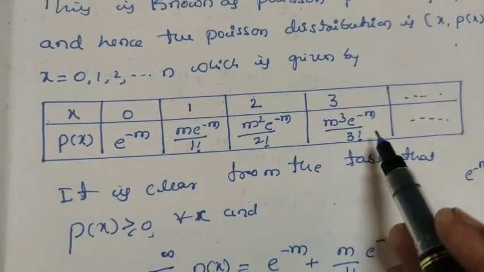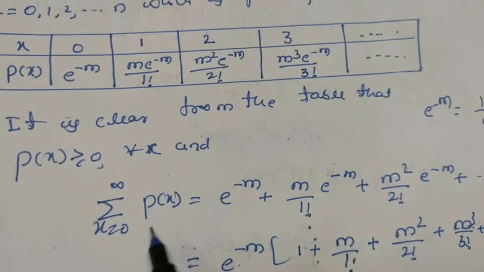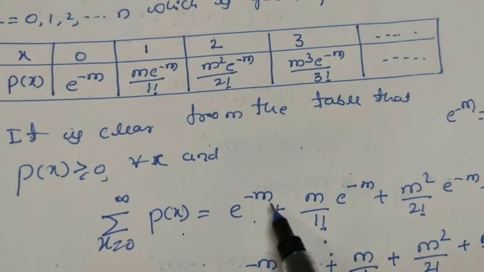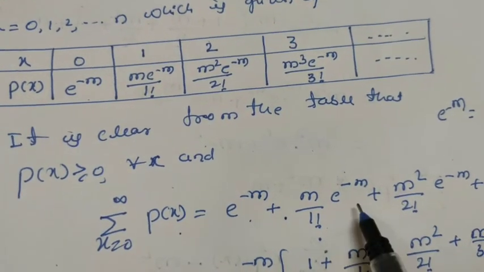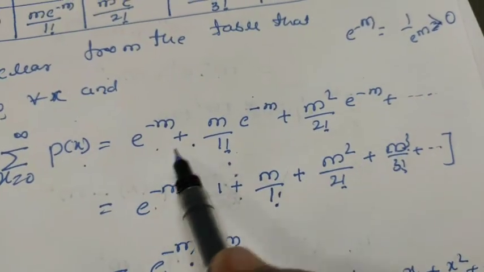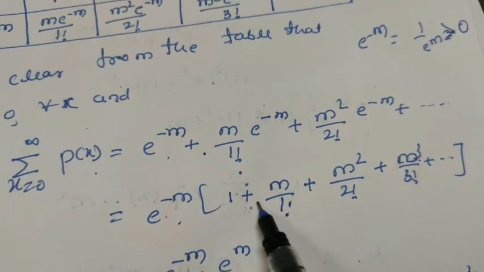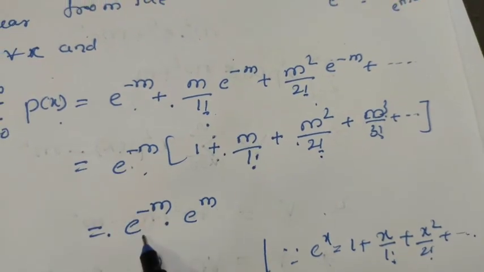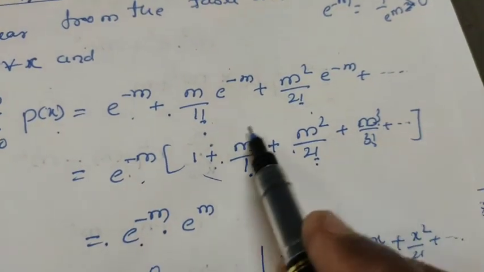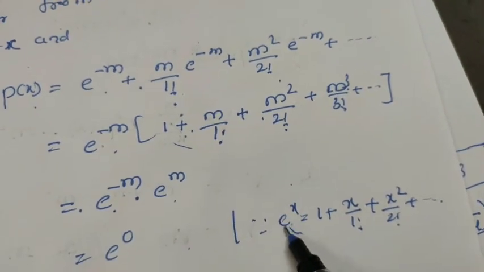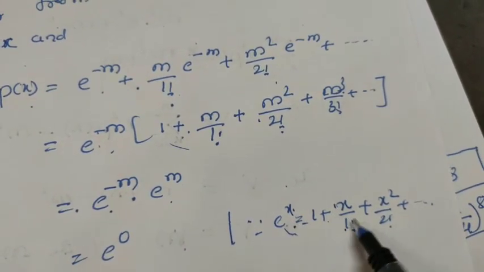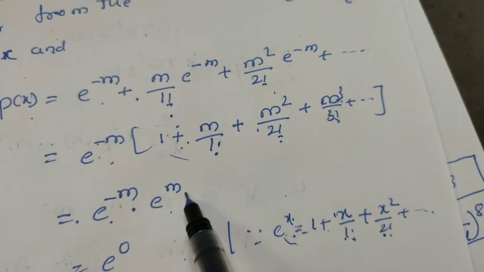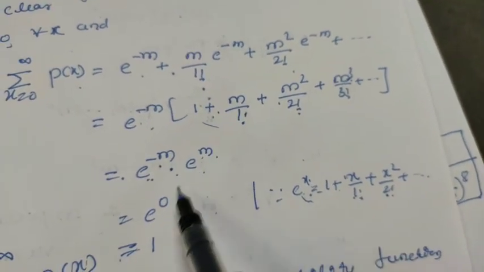Let us add all these values and see what happens here. Sigma x equal to 0 to infinity p of x is equal to e raised to minus m plus m into e raised to minus m by 1 factorial, etc. In all the terms e raised to minus m is common, and it is 1 plus m by 1 factorial plus m square by 2 factorial plus etc. So it is e raised to minus m as it is, and this is the expansion of e raised to m, because we know the expansion of e raised to x is 1 plus x by 1 factorial plus x square by 2 factorial etc. Therefore we can write this as e raised to m, and we know e raised to minus m into e raised to m is 1.